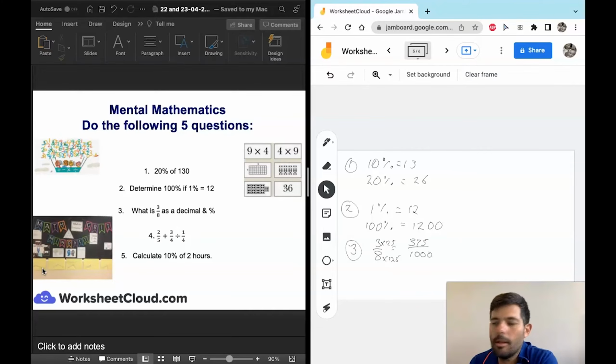Now I know that that is equal to 0,375. And to get from a decimal to a percentage, we just have to multiply by 100, and that's going to equal 37,5. Now in previous lessons I've said it's important to know that 1/8 is 0,125, so that you don't have to always work it out.